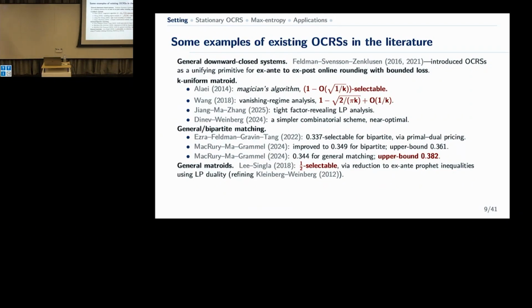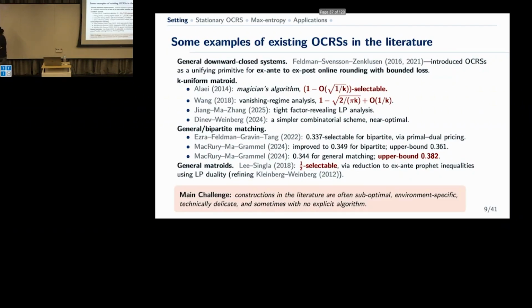In particular, in the context of prophet inequalities, for the experts in the audience, we know prophet inequalities that are half approximation versus the ex-ante relaxation, and there are dualities between online contention resolution and prophet inequalities versus the ex-ante benchmark. Through those, you have some implicit algorithms that are half-selectable online contention resolution schemes for general matroids. I'm projecting this huge line of work into whatever is relevant to this talk. There are many other papers, many other feasibility environments that researchers have studied.